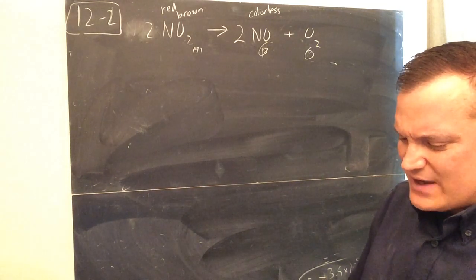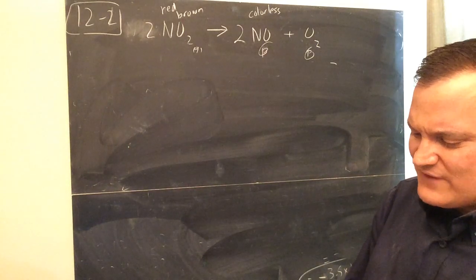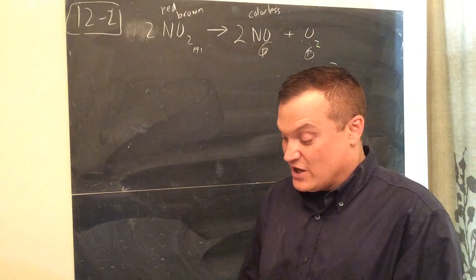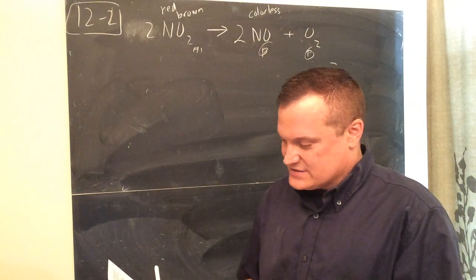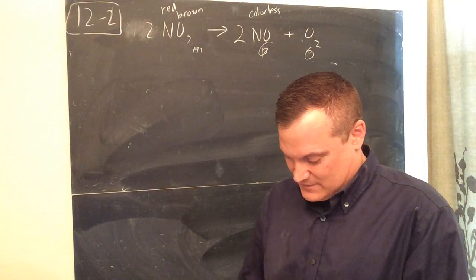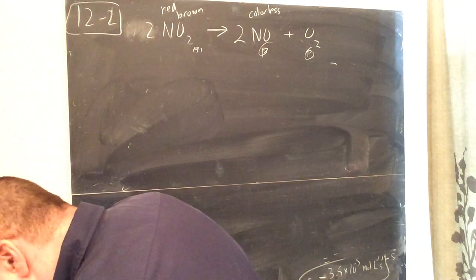The instantaneous rate, all you do is you take the molarity value at 100 seconds divided by the time, 100. That's all you do. And it's going to be the same thing, actually. Instantaneous rate for that one, won't it? No, it won't be.